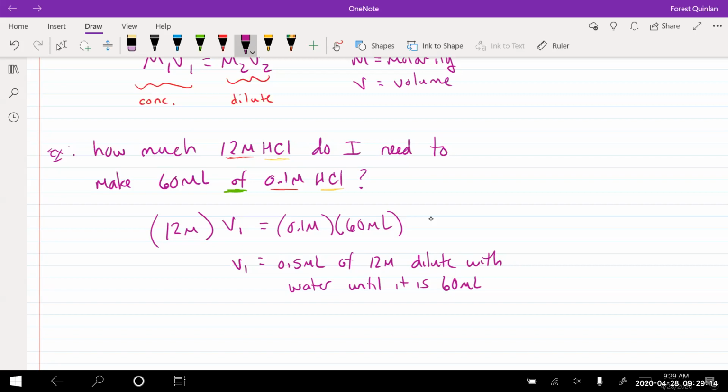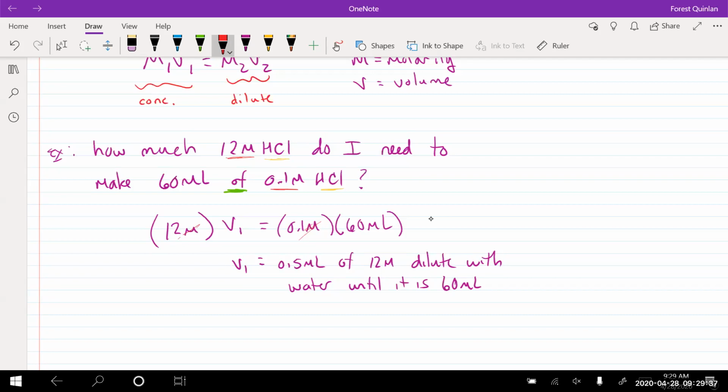Now, some of you may be astute enough to say, wait a minute, if molarity is moles per liter, why are you putting 60 milliliters? It's okay, because what's going to end up happening here is it's not about the volume, it's about having those molarities cancel out when you do the math.